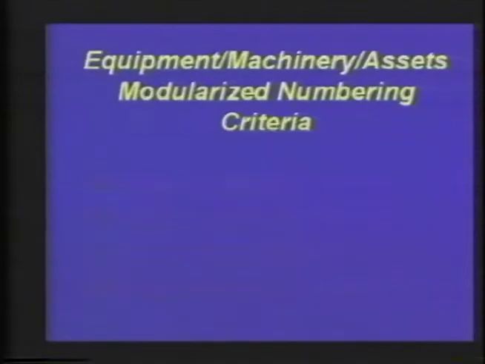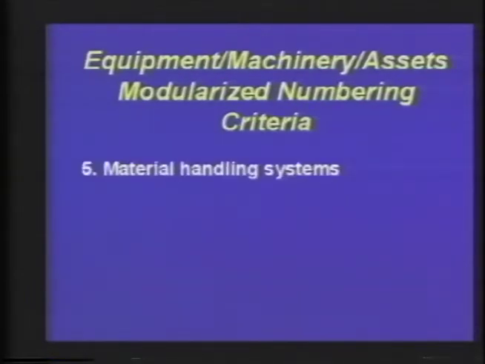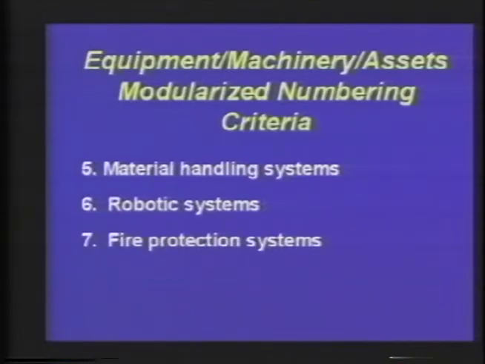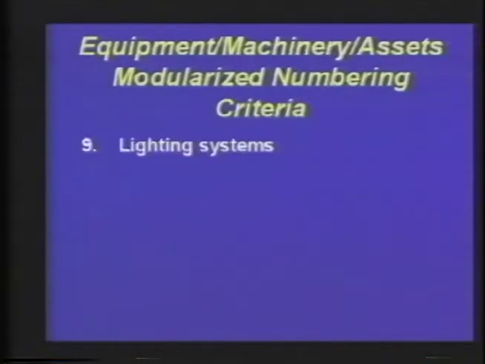Then we would have material handling systems as item number 5, and those could be dragline systems as well as overhead conveyors or any other type of material handling that would be found in a manufacturing or other process type company. Item number 6 pertains to the robotics. 7 would be fire protection. 8, water line systems. 9 would be the lighting applications.